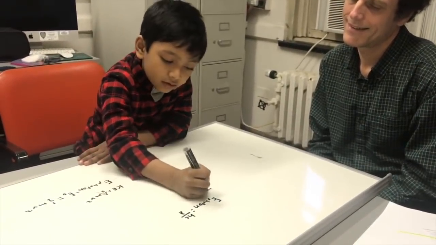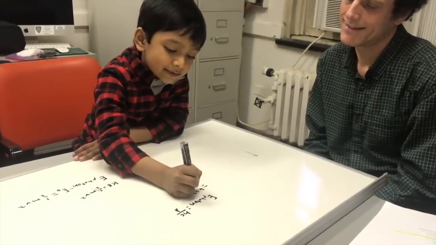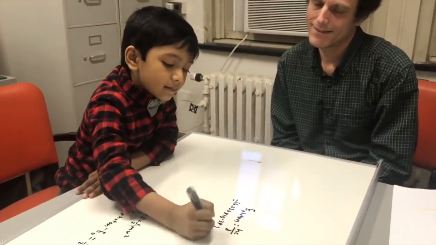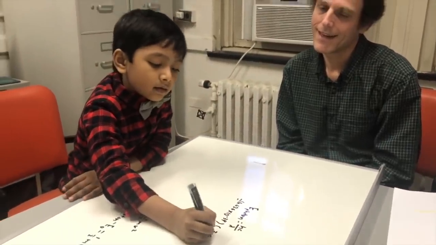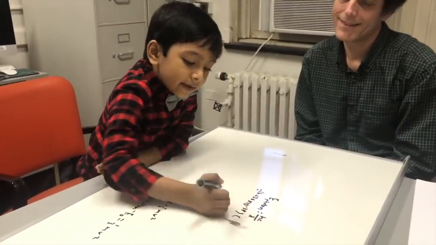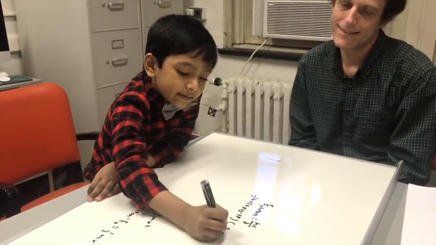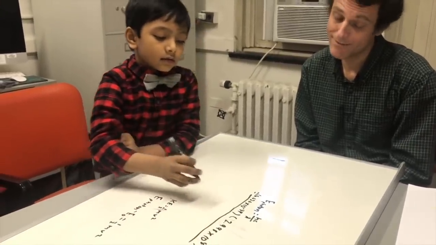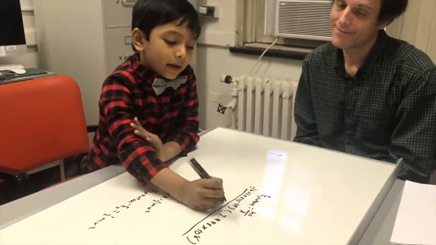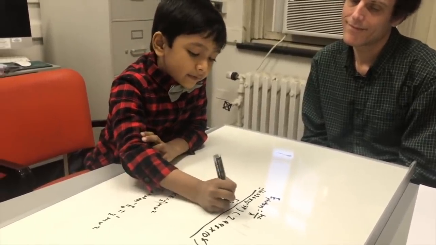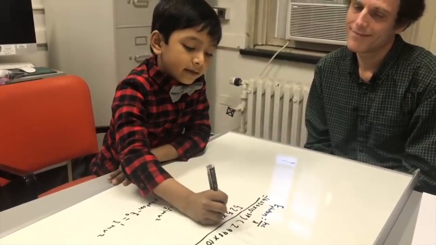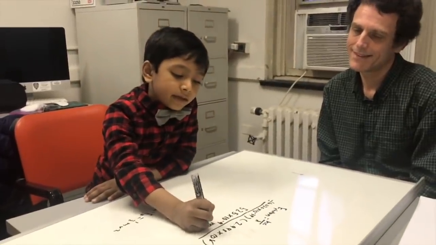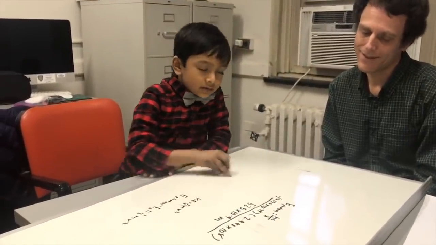So that's equal to Planck's constant, 6.626 times 10 raised to negative 34, times the speed of light, divided by the wavelength. 525 nano stands for 10 raised to the negative 9, so 525 times 10 raised to negative 9 meters.